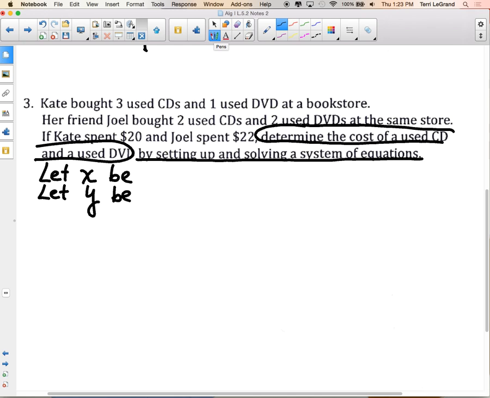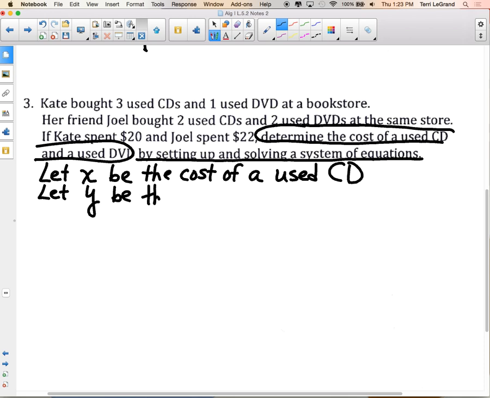We're going to be more specific. We have to talk about the cost, so we have to be that specific. Let x be the cost of a used CD. It doesn't say determine how many, it says the cost, so we have to make sure we're specific. And then y is the what?